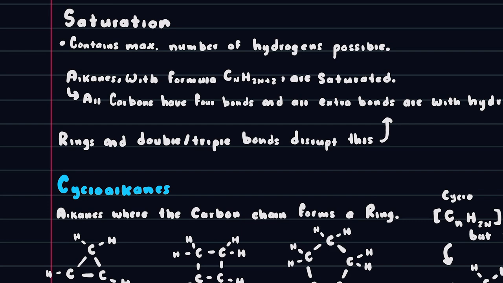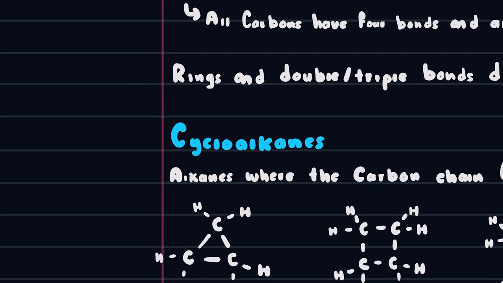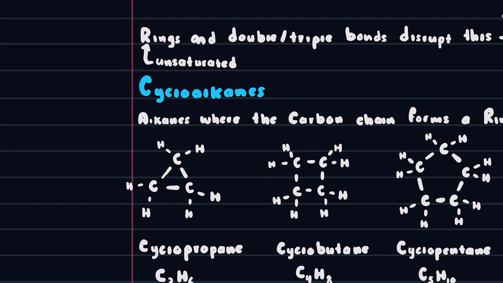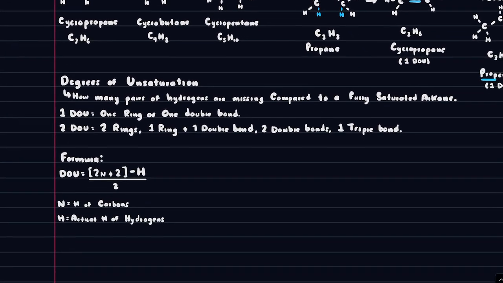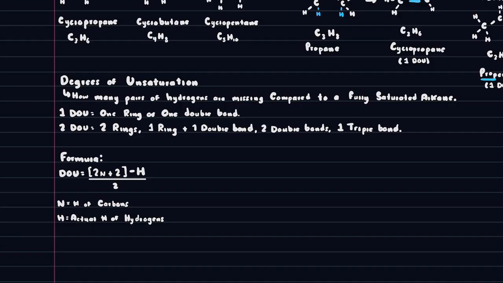And now, rings and double or triple bonds disrupt this. Compounds with these are called unsaturated, because it leads to them not having the maximum possible amount of hydrogens they could have. Now let's discuss what degrees of unsaturation is.